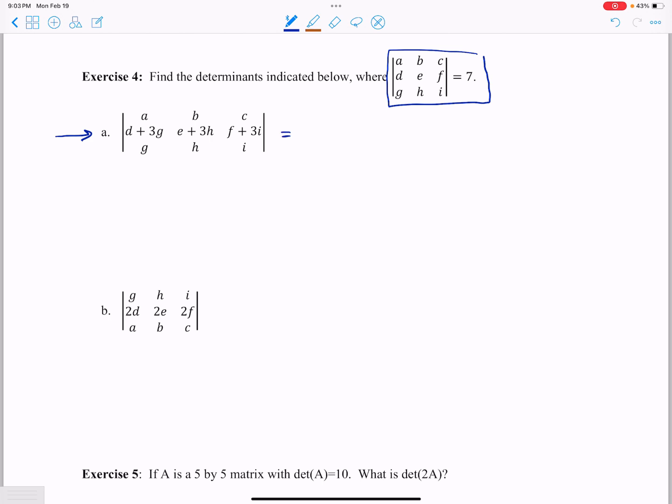So that means the determinant did not change. In B, notice that row 1 and 3 were swapped. So that changes it by a negative. And then row 2 is multiplied by a 2. So this would be a -14.